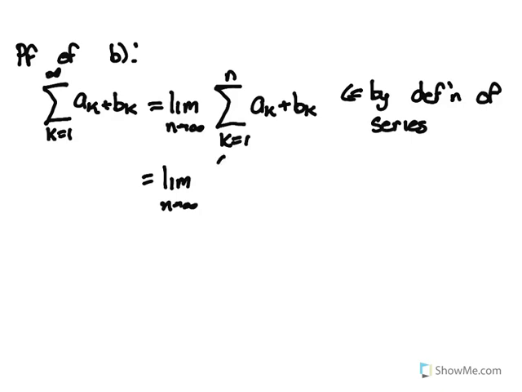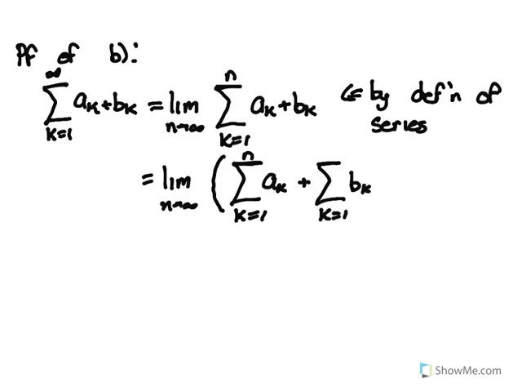So we know that sums commute, and this is from earlier in the course where we talked about segmentation. This is equal to the sum of a_k plus b_k through to n. It's a property that sums commute.